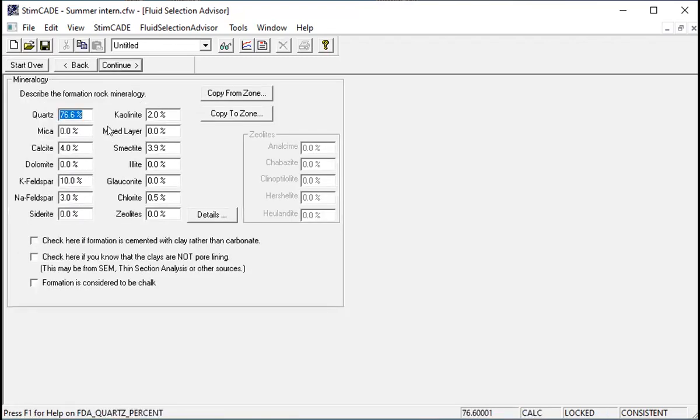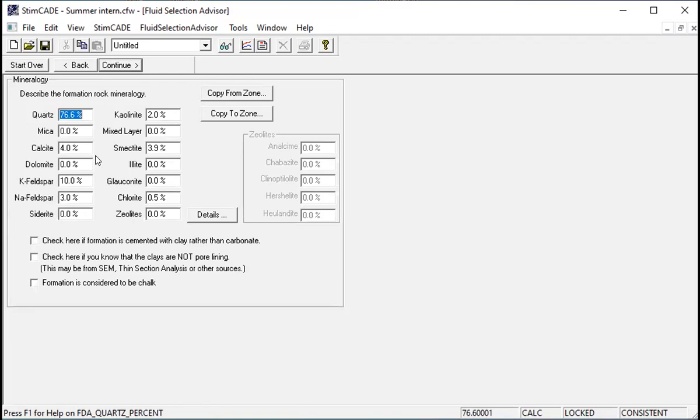We also have to input our mineralogy because the acid also will depend on the type of minerals that we have within the reservoir, because some acids will not work in particular mineralogy. So we have to always identify them because we have to ensure that the acid has to treat the damage rather than causing further problem.